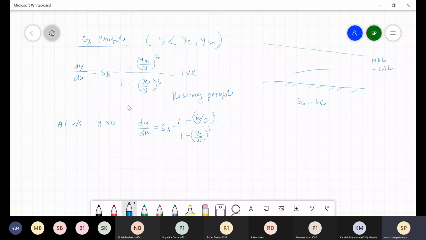So this is also undefined, sir. Just wait, we will explain this y equal to 0.